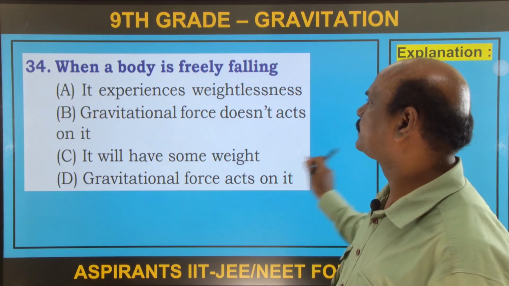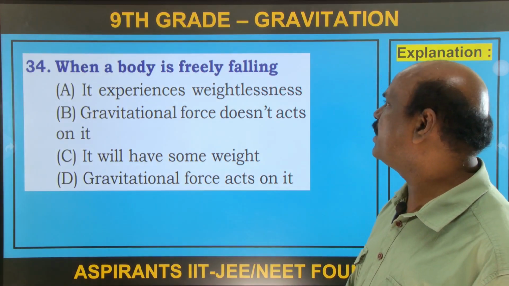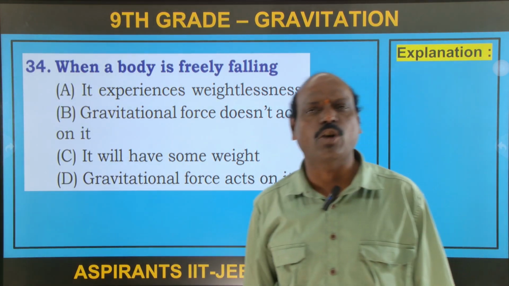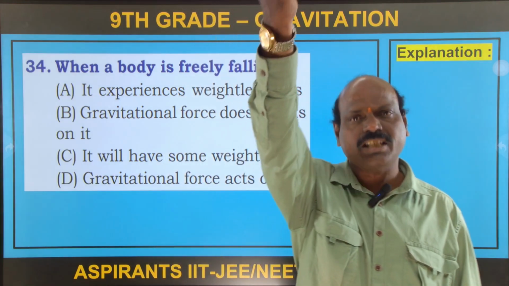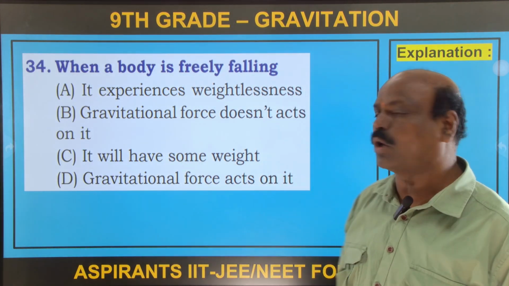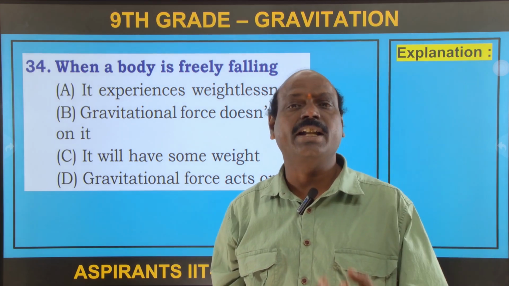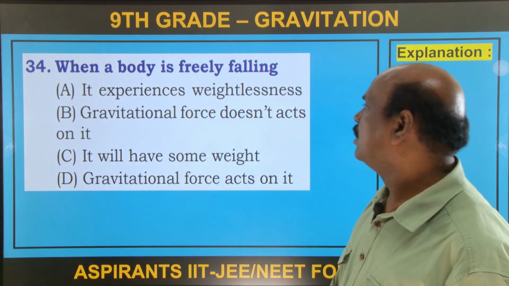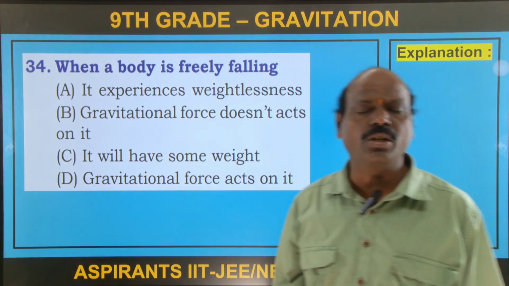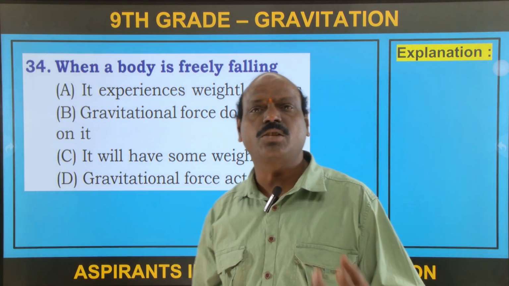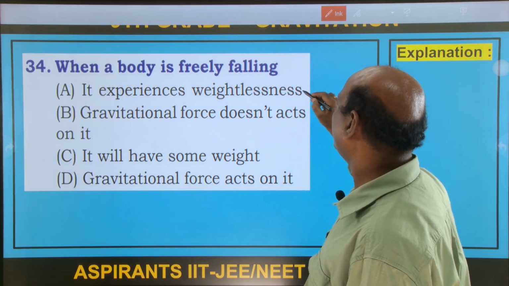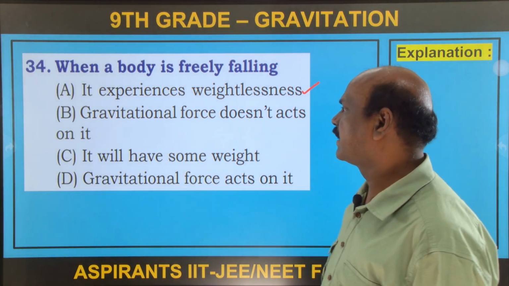The next, when your body is freely falling, as you know what freely falling means, at a certain height, if a body is released, then we call it freely falling. And we know that a freely falling body will be under gravity. It experiences weightlessness, as already you know, a freely falling body has no weight, meaning it doesn't show any weight, so it shows weightless.